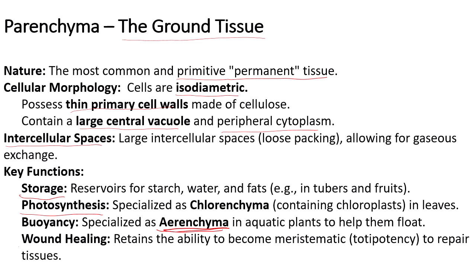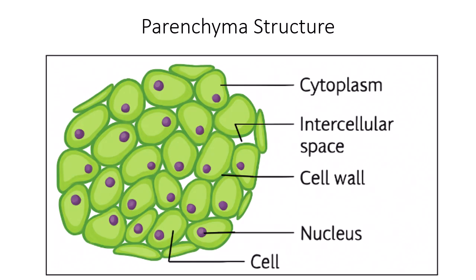And when main meristem is damaged, in that case, most of the times parenchymatous tissues turn themselves into meristematic tissues, and they retain ability to heal the wounds. So in this case, they may become totipotent and have a role in the healing mechanism.